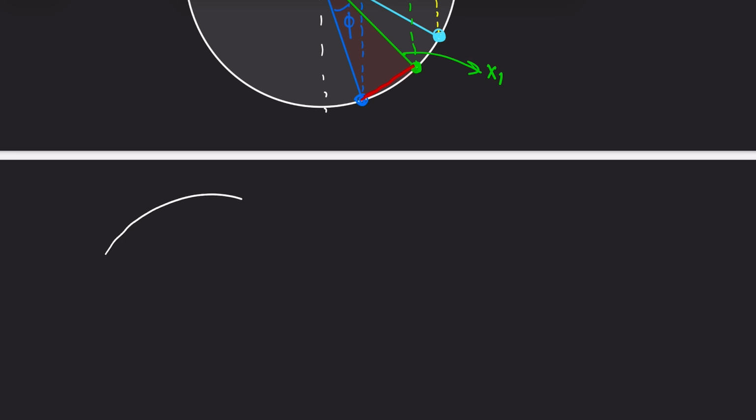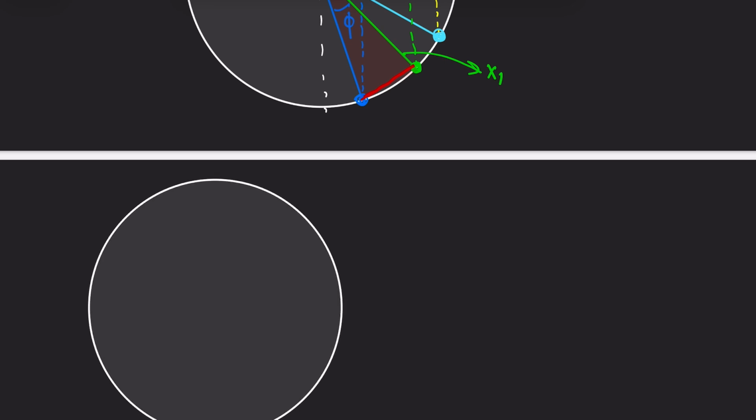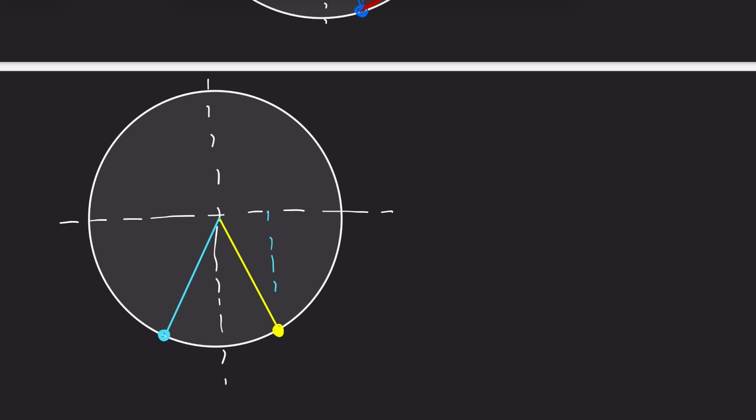If I make this here for you, so this is our x-axis, this is our y-axis, and let's say this will be our yellow one, the first particle, and this is our blue one, the second particle, and right now it would be somewhere here.